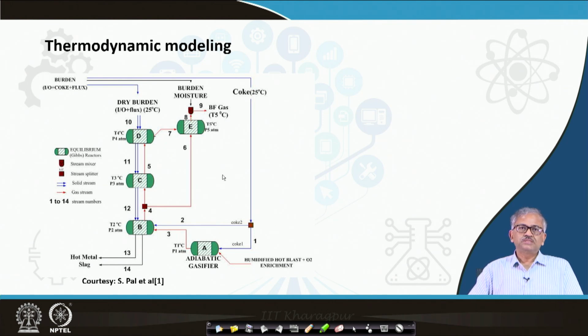Also in this thermodynamic model, we have an option of splitting the gas. When gas-solid interaction is taking place, you cannot assume that all the thermal and chemical potential of the gas has been completely utilized.